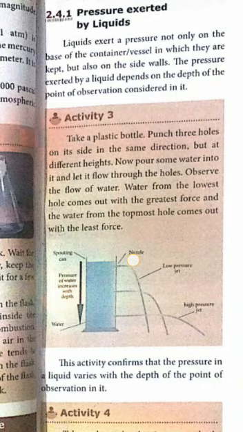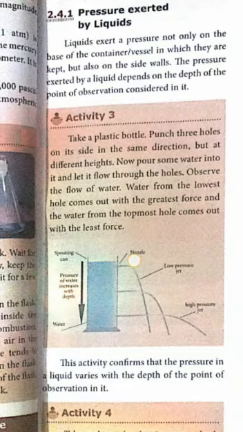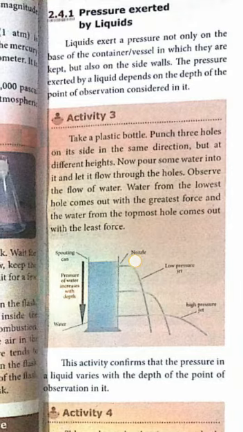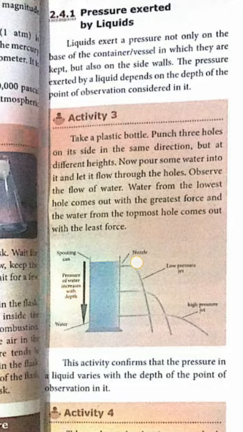So the pressure depends on the depth of the point of observation considered in it. In liquids, at what point do we have to measure the pressure? What is the depth of the point of observation? So here pressure depends on the depth.